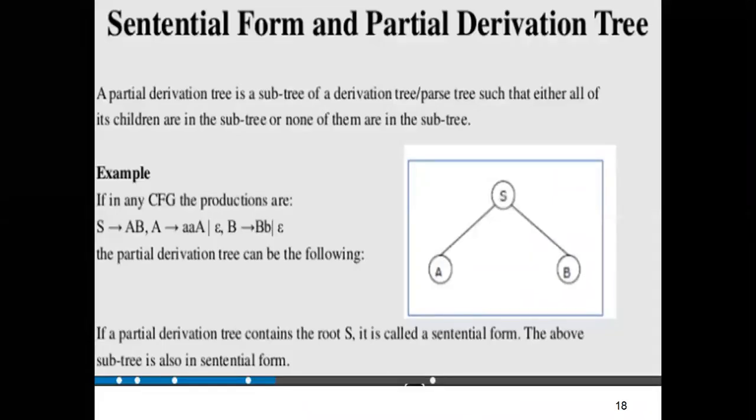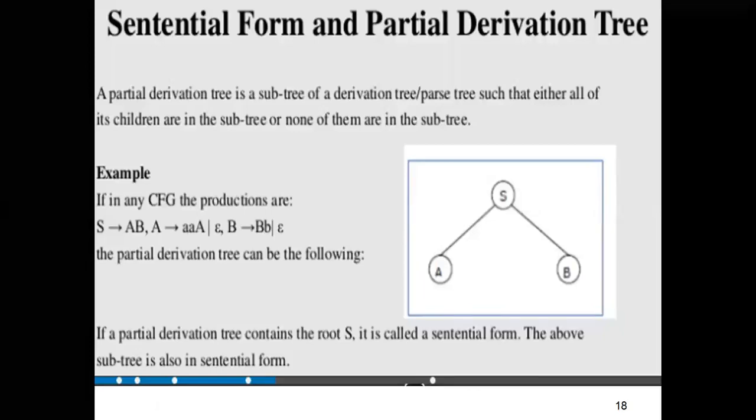And here we have the sentential form. What the sentential form and partial derivation tree mean: here first of all you need to know the definition of a derivation tree, and we can also call it a partial derivation tree.